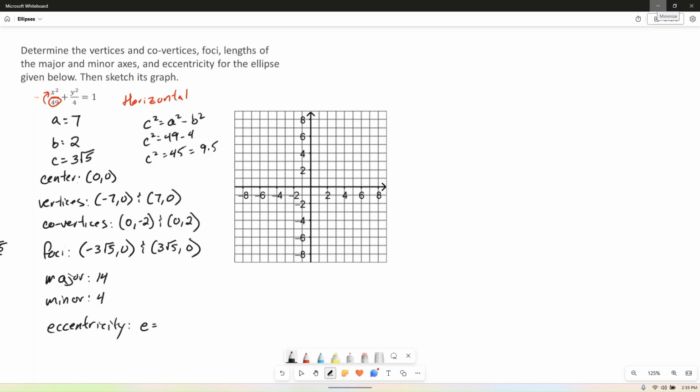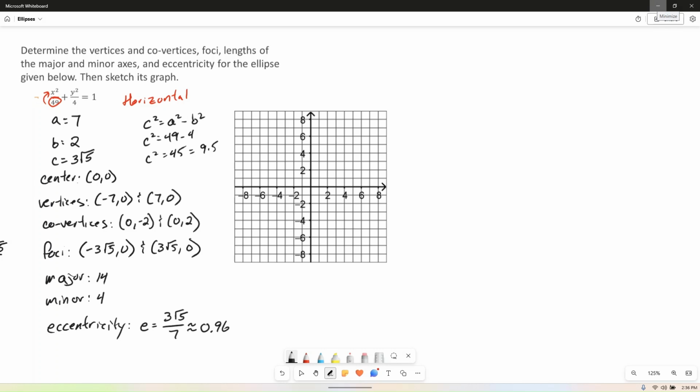Then we have to find the eccentricity, which is the value of C divided by A. That's 3 square root of 5 divided by 7. We can't simplify that at all, so we'll put it into our calculator and round to 2 decimal places: 0.96. The eccentricity measures the degree to which this ellipse is stretched.